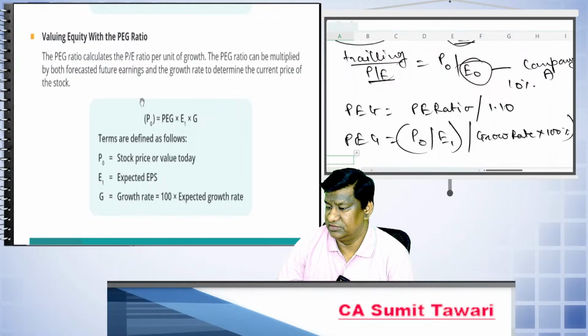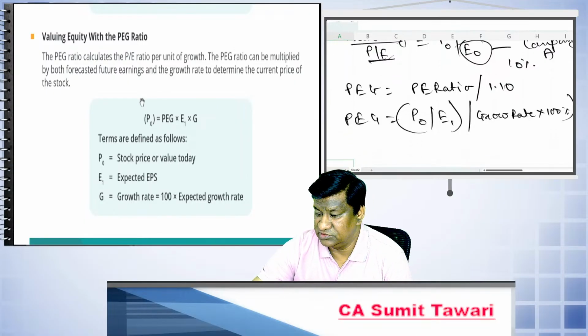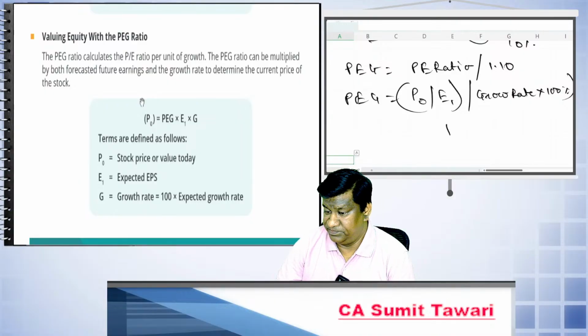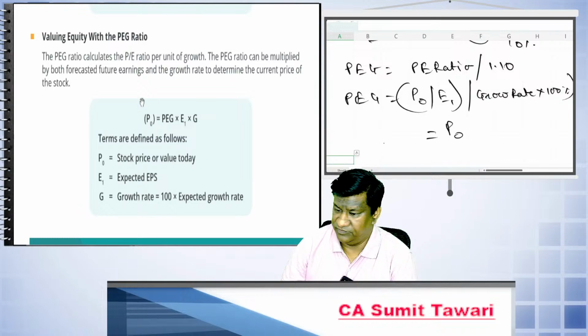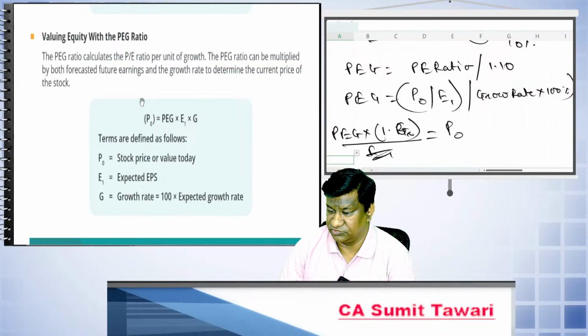So P0 is PEG multiplied by growth rate, that is 1 plus g, multiplied by E1, because we are calculating the P0. That will be the formula.